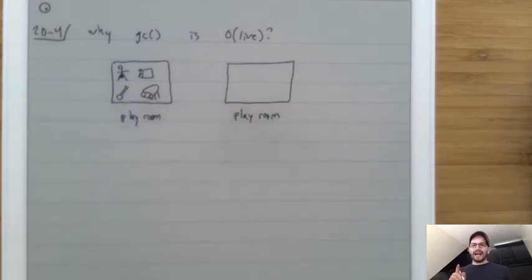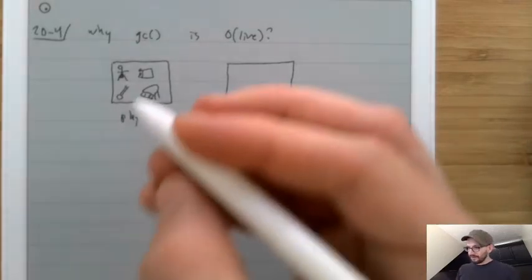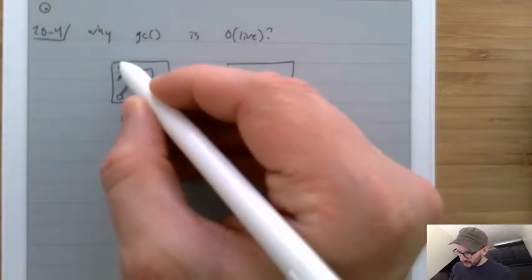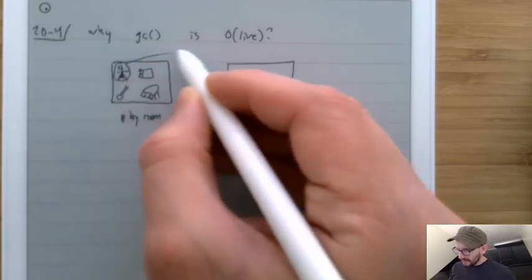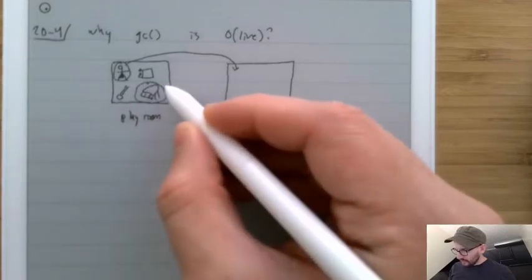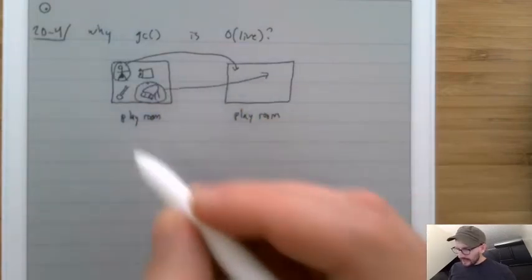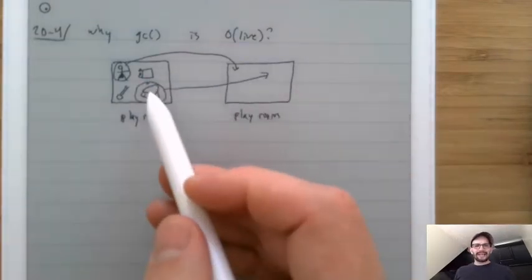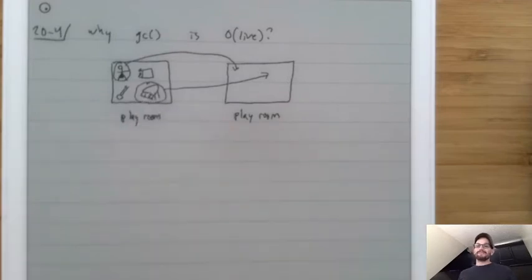And then what she does is she looks in this room, and she just looks at the stuff that she actually wants to play with again. Because there's trash on the ground, there's toys that are broken, there's stuff that she doesn't want anymore. And so what she does is she takes the stuff that she wants to play with, and she moves it into her new room. And she knows that this room, it's the same size as that room. So maybe she actually likes everything and she'll move it all over.